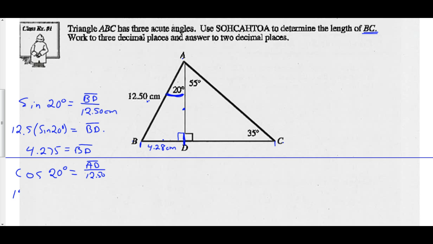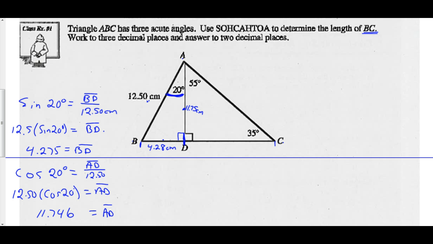Again, multiply both sides by 12.50 to solve for AD. You do that with your calculators, and you find out that length AD is 11.746. That's 11.75 centimeters.